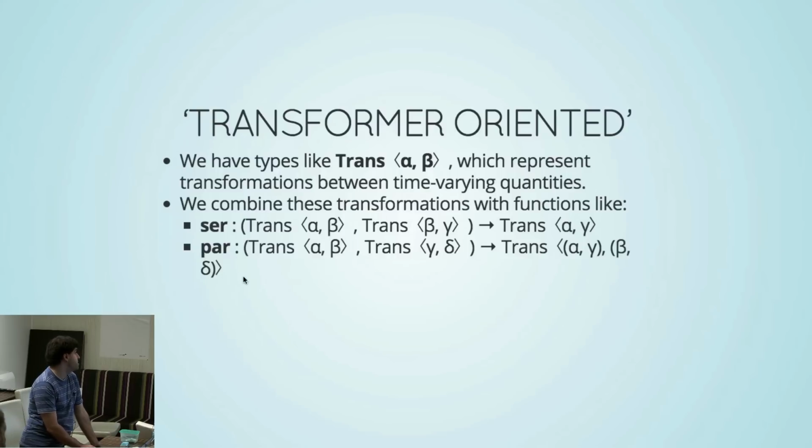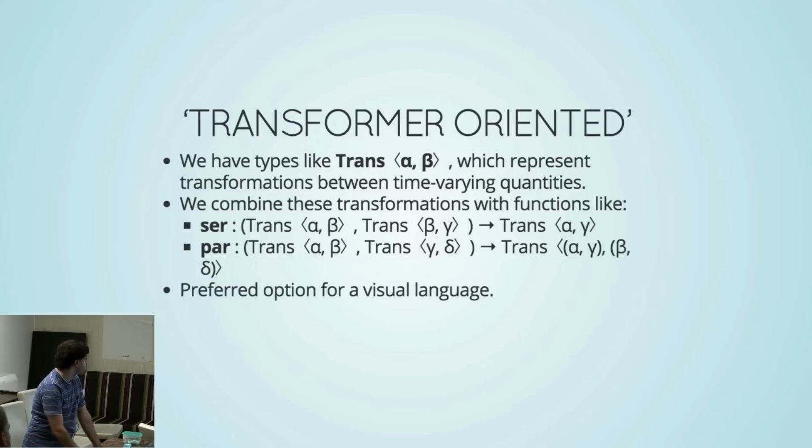Or parallel composition, in which case we take two independent transformers, and when composing them in a parallel manner, we get a transformer with two inputs and two outputs. But internally, of course, those two inputs and two outputs are not really going to coincide in any way.